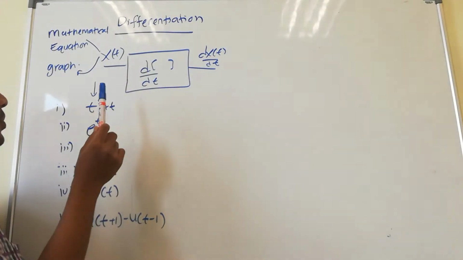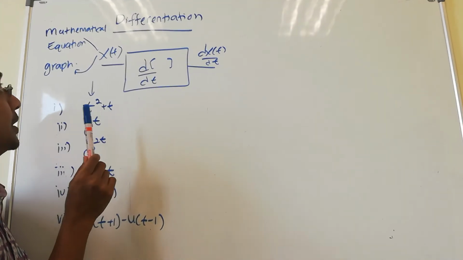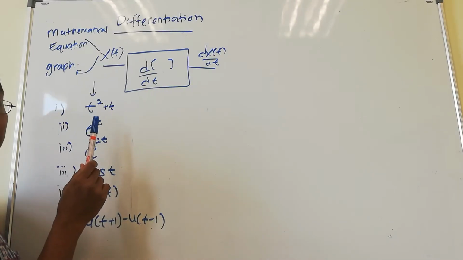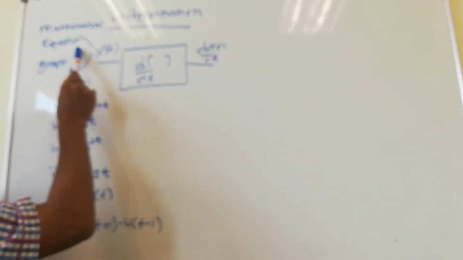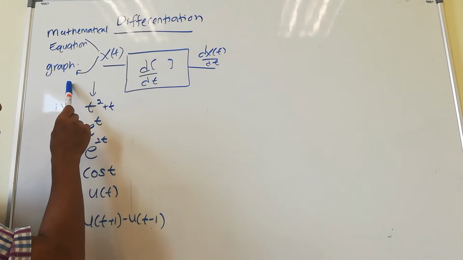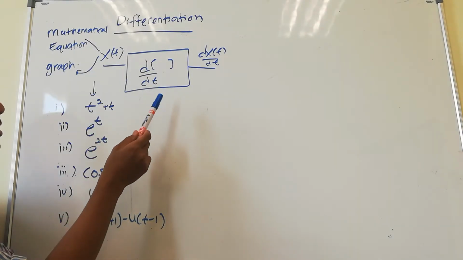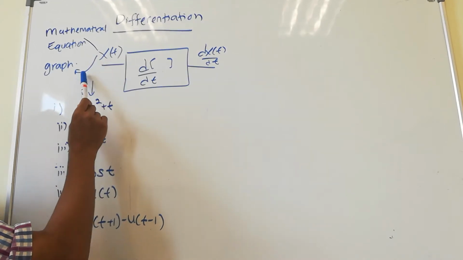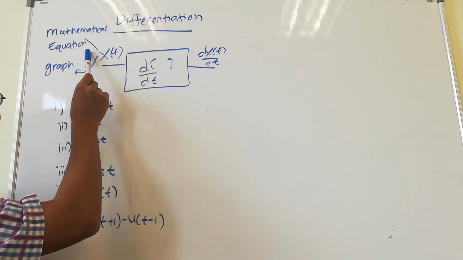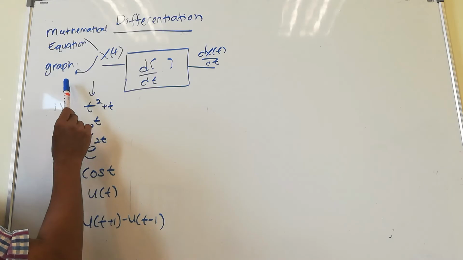Okay, so we do a differentiation transformation of x(t). The most important thing, just to remind you, is that we have two ways to model or represent our signal x(t), which are a mathematical equation and a graph. So when we want to do differentiation, we can use both representations, whether mathematical equation or graph.